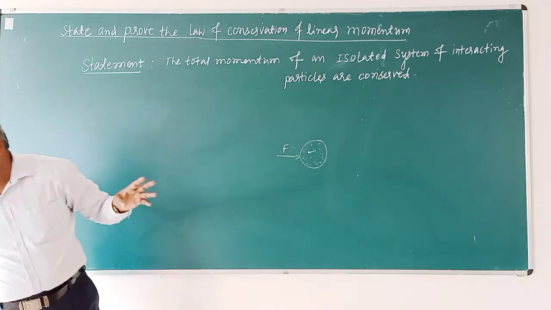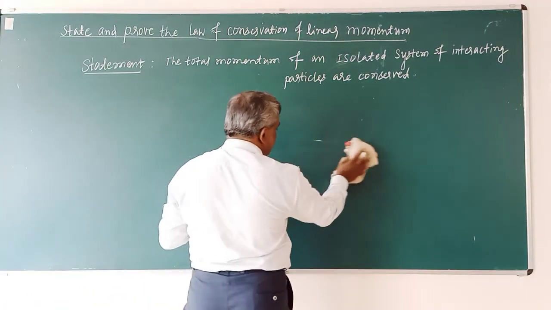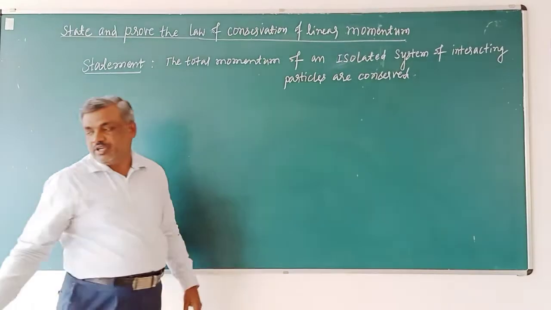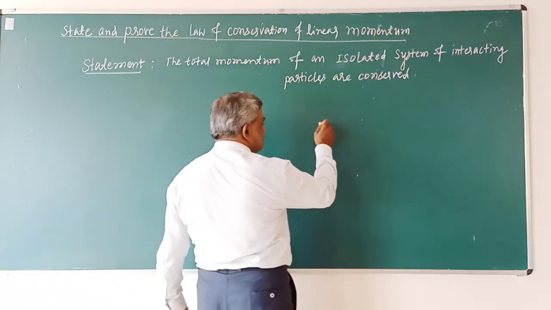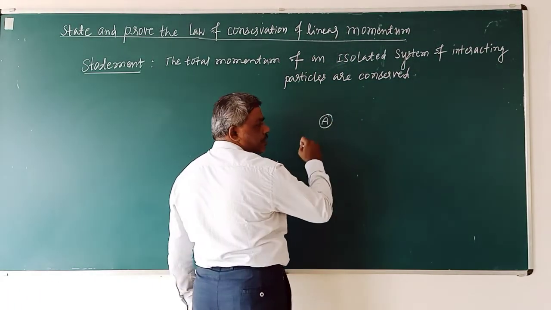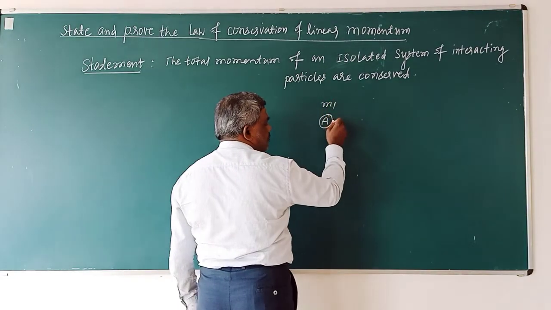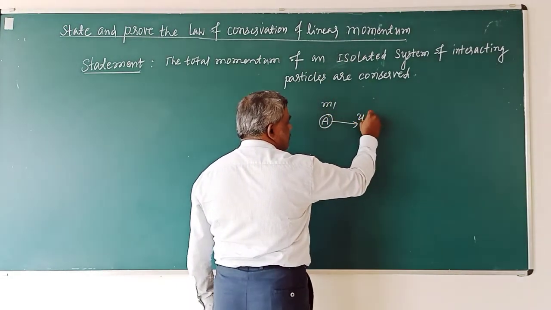Now an example: two bodies are there. The first body A has mass m1 and moves with initial velocity u1.